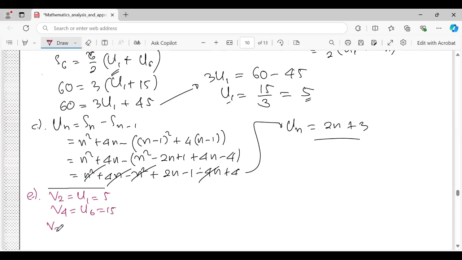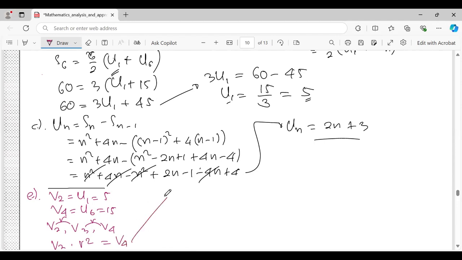So V2, V3 and V4, there is a ratio here. V2 multiplied by ratio got V3, V3 multiplied by ratio, we got V4. So it means V2 multiply R squared equals V4.